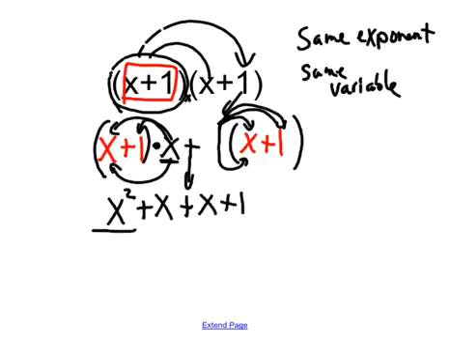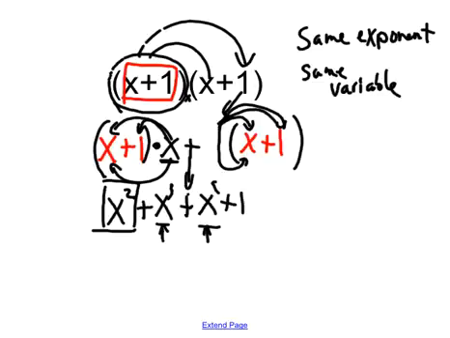There's 2 other x's here, and a 2 as an exponent, but neither of these 2 have a 2 as an exponent, so they're not like terms with this one. However, this has an x as a variable. This one has an x as a variable. This also has an x as a variable, and their exponents, although you can't see them, are actually there. They're an exponent 1, and again, I like to call them ghosts, but there's a ghostly 1 there.